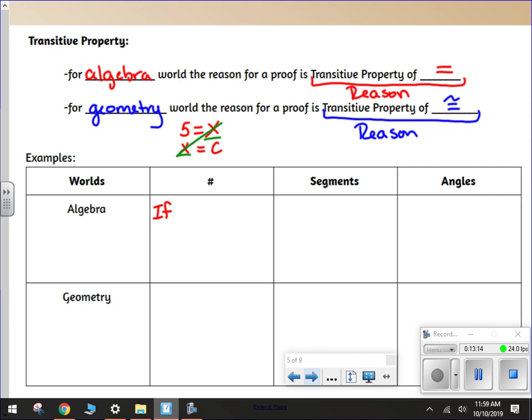Remember, if the end of my statement is the same as the beginning of the next statement, it becomes a link that I can eliminate, and I can go from saying 5 straight to c. So if I were to write that in general, I could say if a equals b and b equals c, then I can conclude, since b is my link, that a has to equal c.